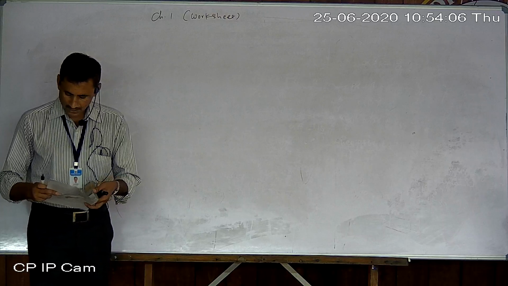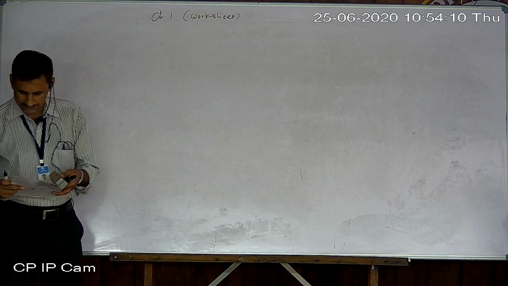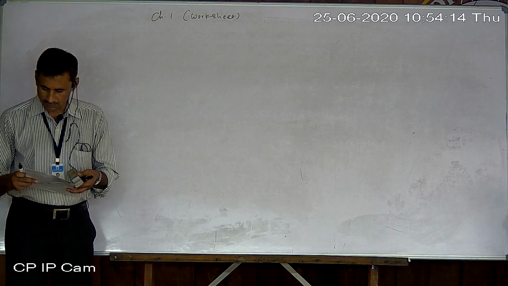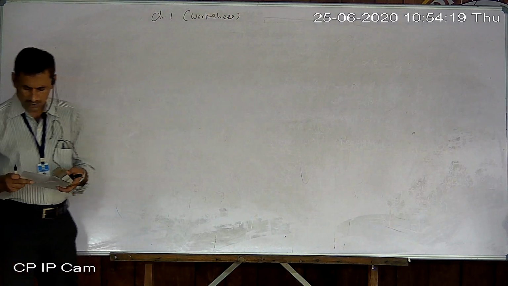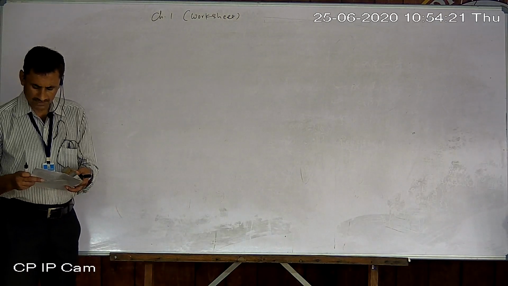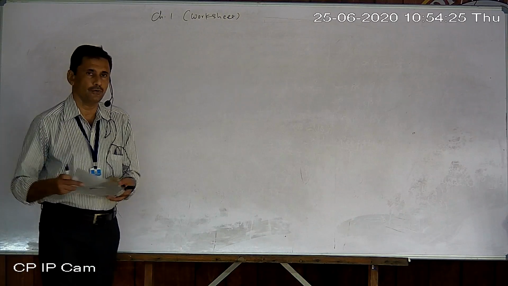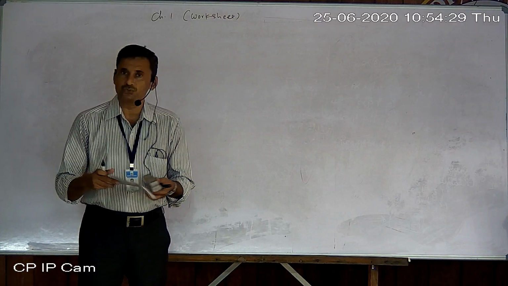22. After how many places of decimal does the decimal expansion of 751 upon 2 raised to 4, 5 raised to 2 terminate? So, look at the maximum degree in the factorization form of the denominator. The factorization form of the denominator is 2 raised to 4, 5 raised to 2.